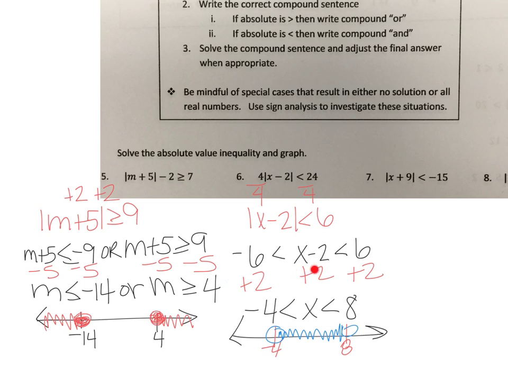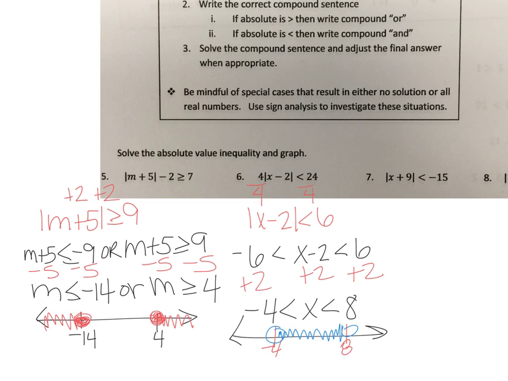Whatever's inside the absolute value has to be between the negative and the positive of what it's equal to. And all of your greater thans will be written as two statements, greater than the positive or less than the negative. Okay?